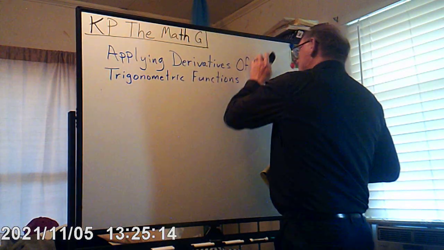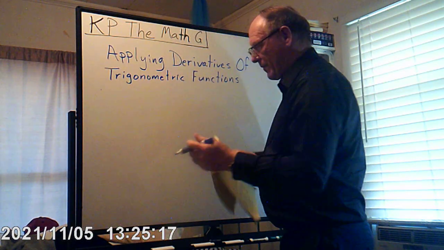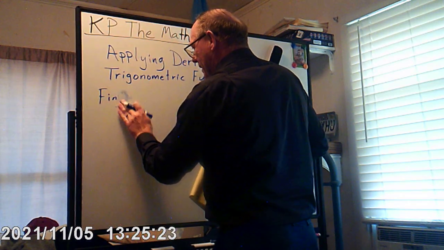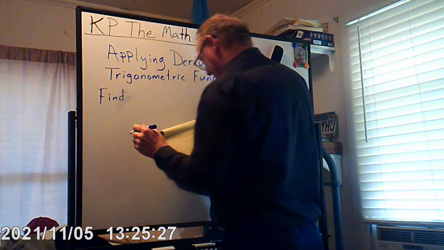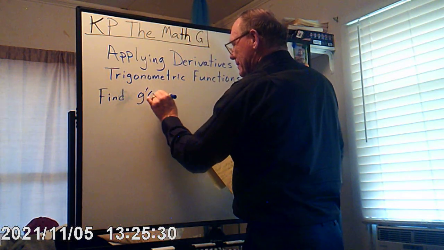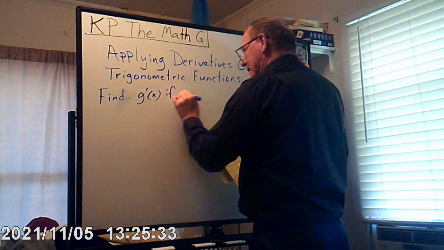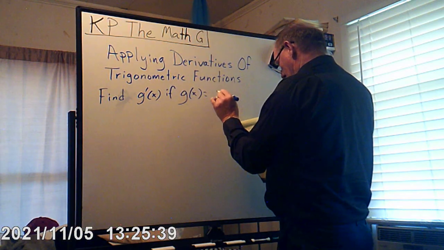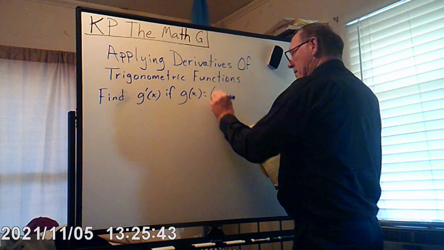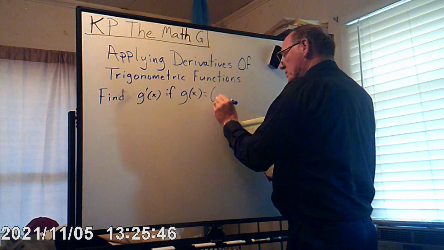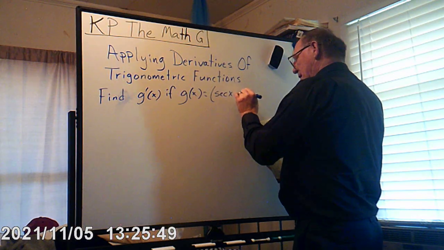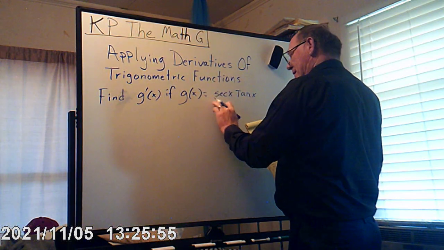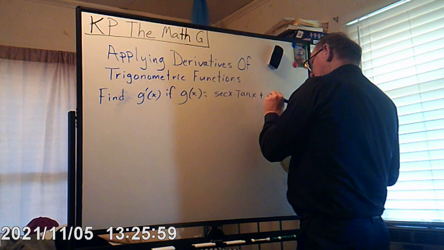All right, let's try one more. So I want to find G prime at X. If G at X, and this is what I wanted to do the first time, G at X is equal to secant X tangent X, times, and then plus cosine.